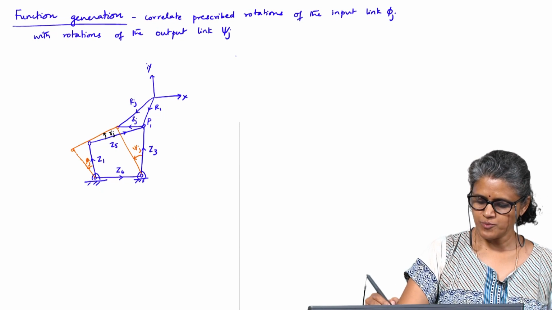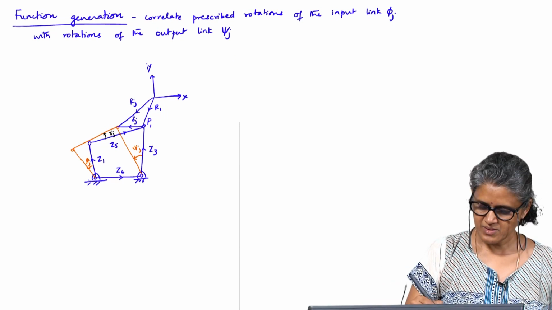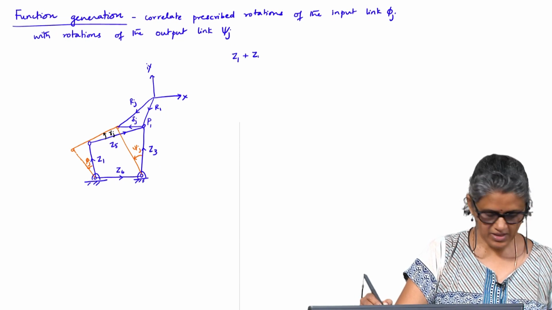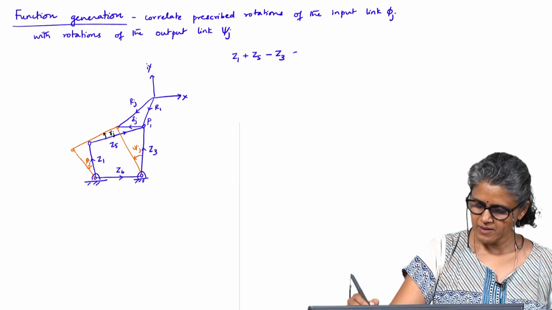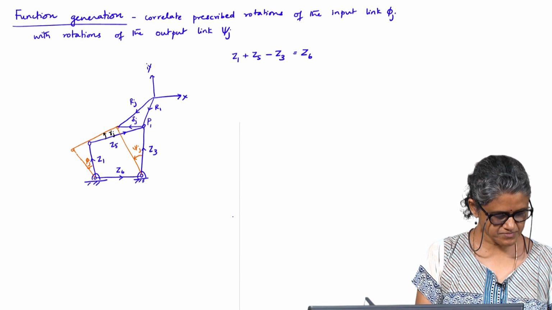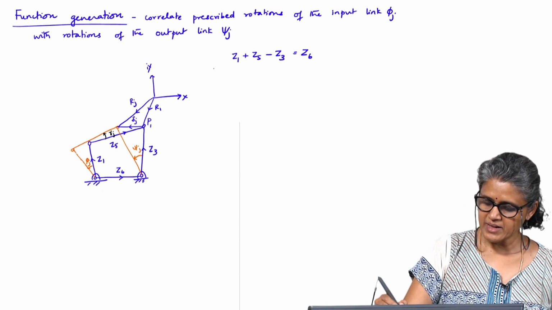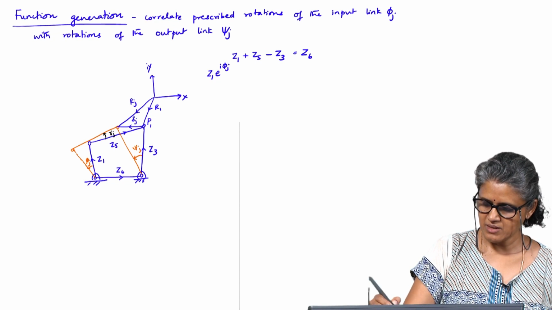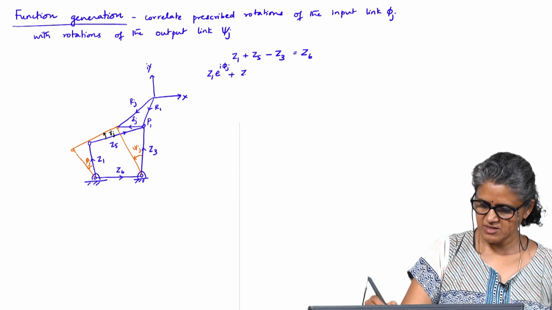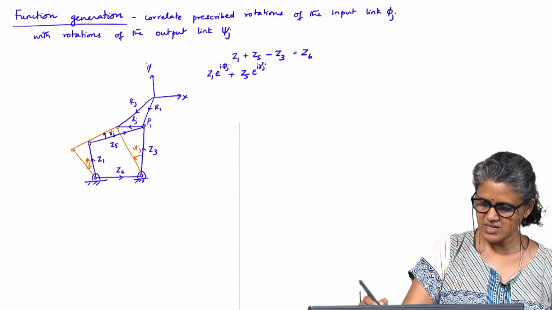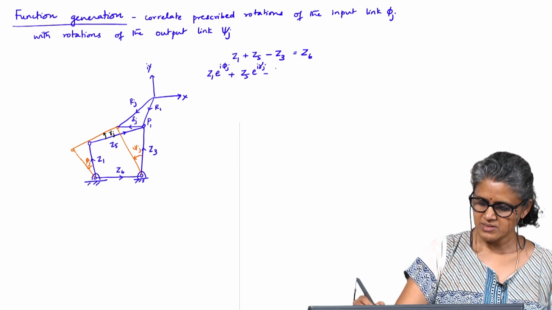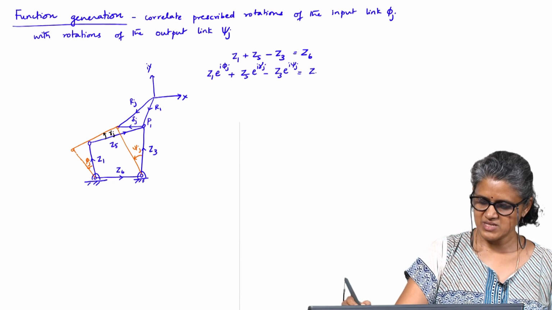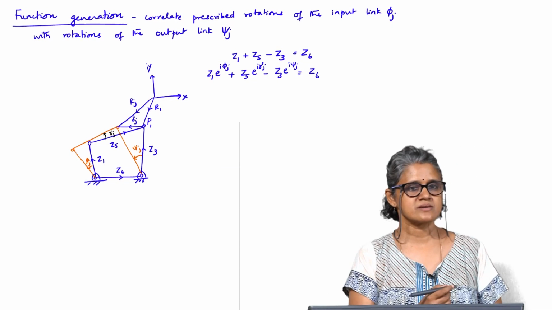So, I can write my loop closure as, just for the 4 bar, Z1 plus Z5 minus Z3 equal to Z6. Then I can write it as Z1 e power i phi j plus Z5 e power i gamma j minus Z3 e power i psi j equal to Z6, which does not rotate, it is my fixed link.